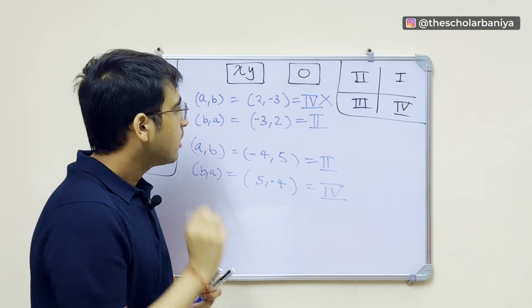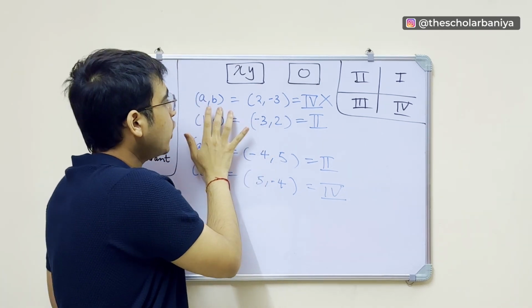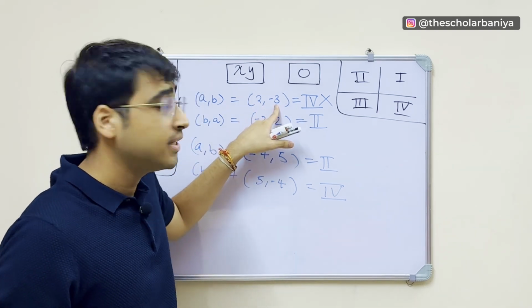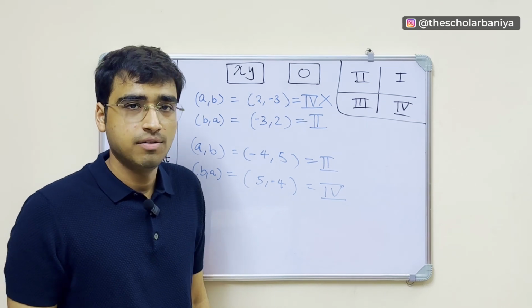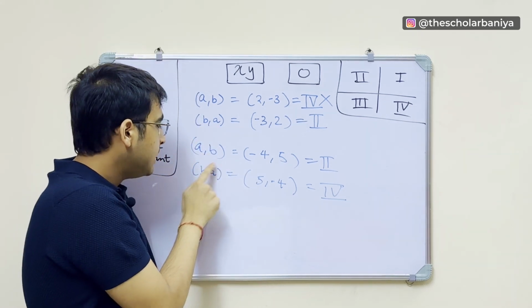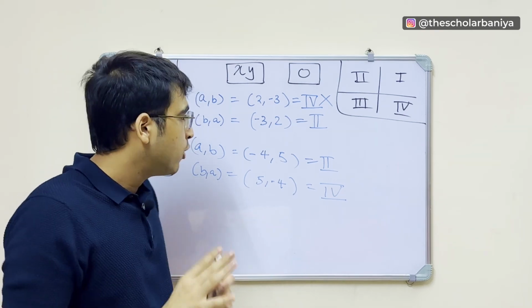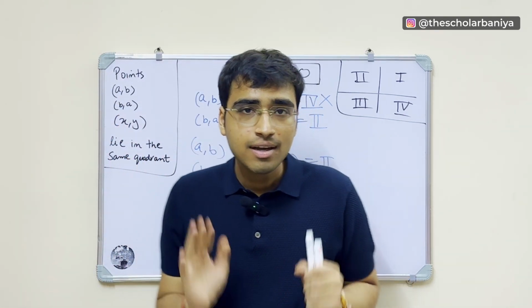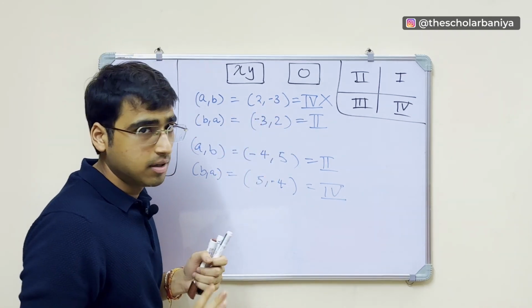So similarly, what we can conclude is that if a and b are of opposite signs, for example, one is positive and the other is negative, or one is negative and the other is positive, then (a, b) and (b, a) will always lie in different quadrants. I hope this should be very clear, right? And it is given that they should lie in the same quadrant. That means these two cases are not possible, right?